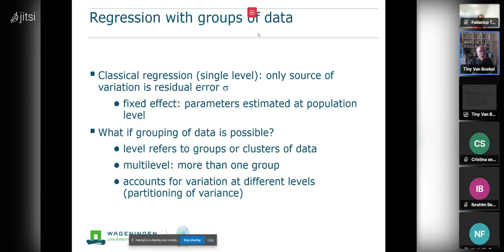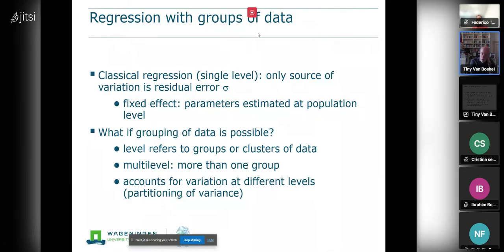Now, in the classical regression, which is single level as opposed to multi-level, you only have one source of variation, which we express in the residual error or residual standard deviation, sigma. And we call that a fixed effect because we are assuming that everything that we measure is valid for the whole population. But now suppose that we are able to group these data.